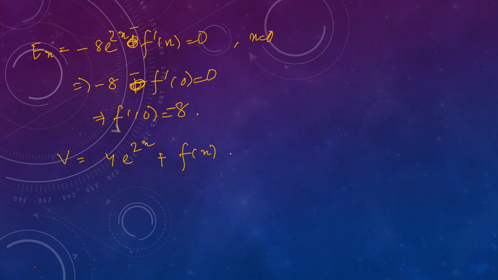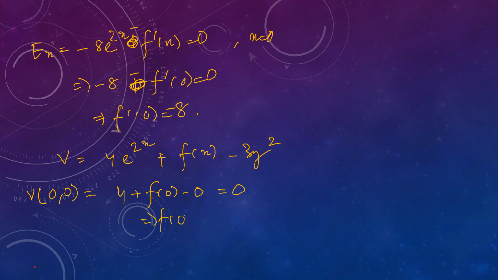Right. So V at the origin is also 0. So 4 plus f of 0 minus 0 is equal to 0. So f of 0 is minus 4.